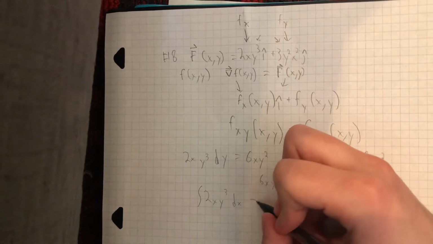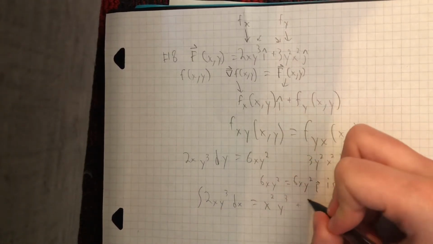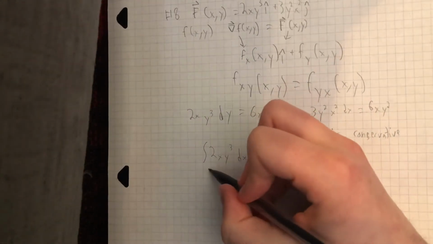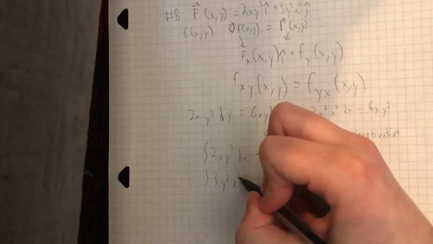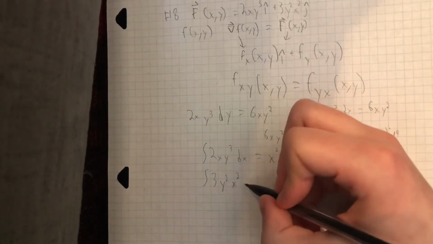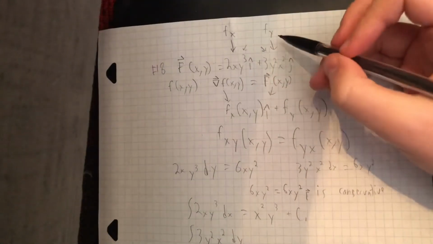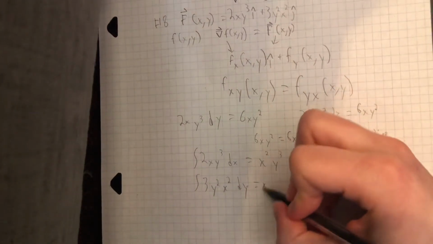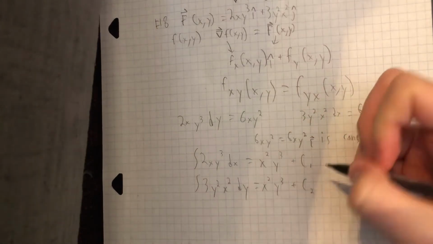That's going to be equal to x squared y cubed plus a constant, which we're going to call c1. Then for the second term, the integral of 3y squared x squared with respect to y, because again, this is f sub y, and we want to get back up to just f. So this is going to be equal to, conveniently, x squared y cubed plus c2.